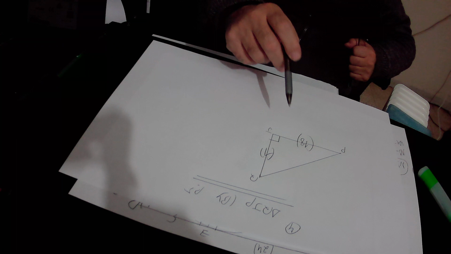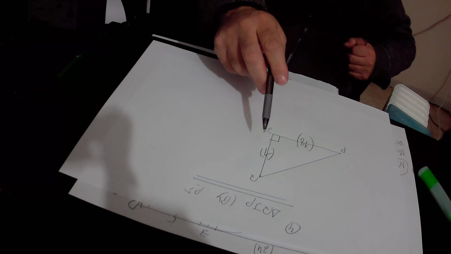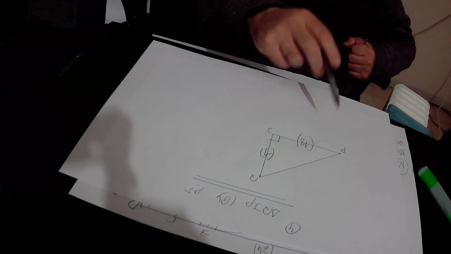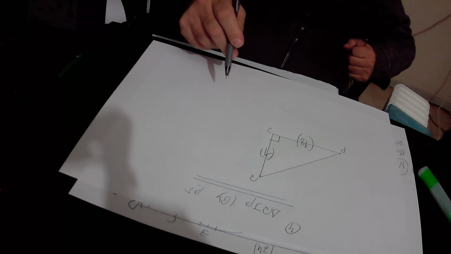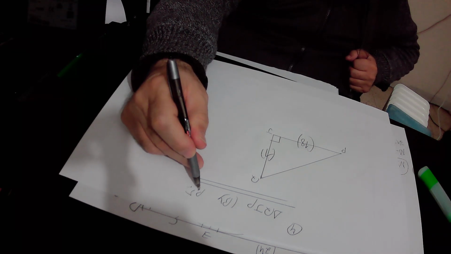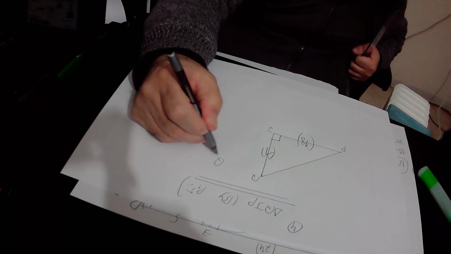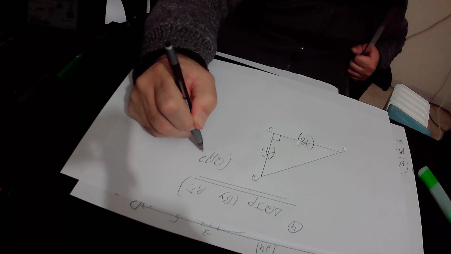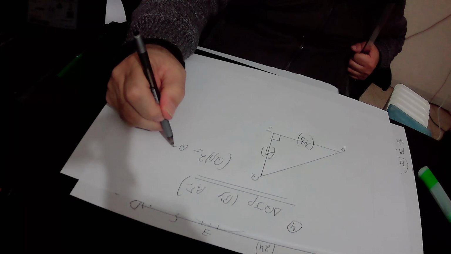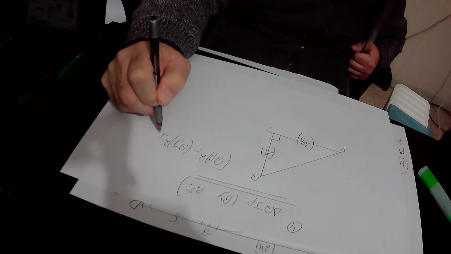So we apply the Pythagoras theorem on this right triangle QJP. According to the Pythagoras theorem, the square of the hypotenuse QP squared must be equal to QJ squared plus PJ squared.